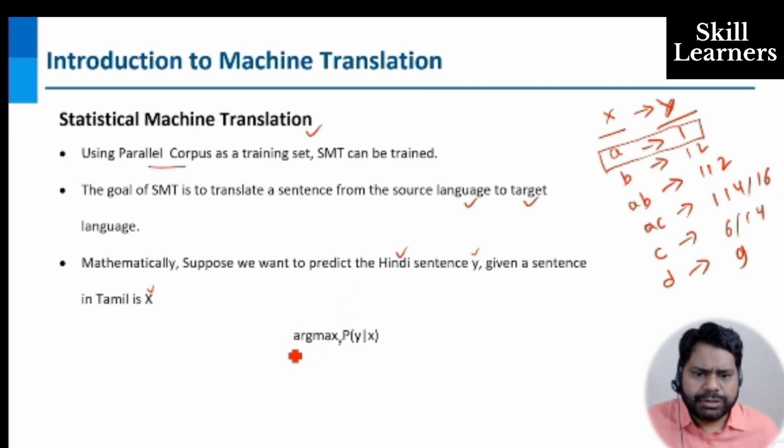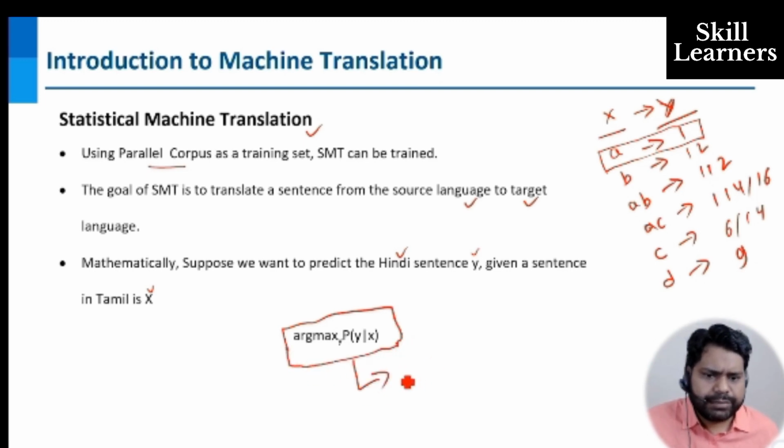So this will use a formula that is nothing but Bayes theorem. If we elaborate it, it will be argmax of Y, P of X given Y, and P of Y.